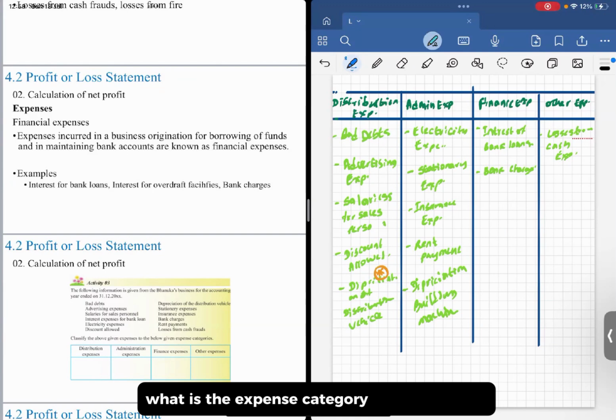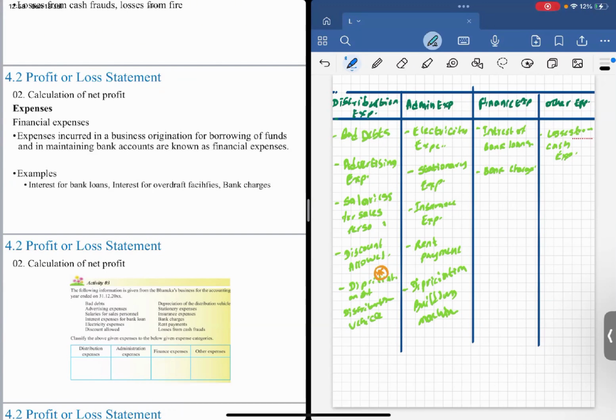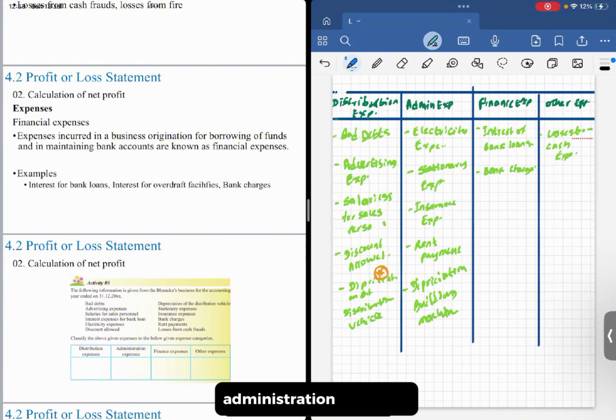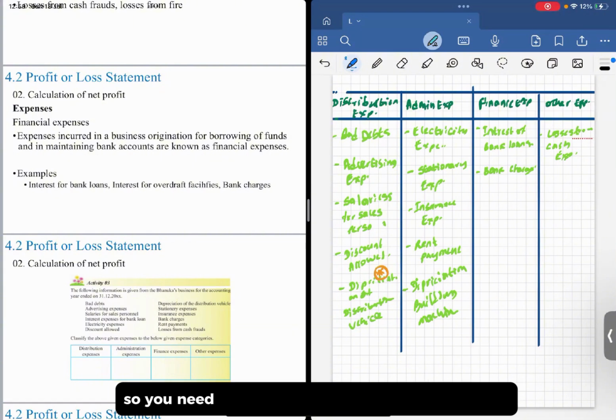What is the expense category of this expense? The four options could be distribution expenses, administration expenses, financial expenses, and other expenses. So you need to figure it out, and you will have to read this and remember this.